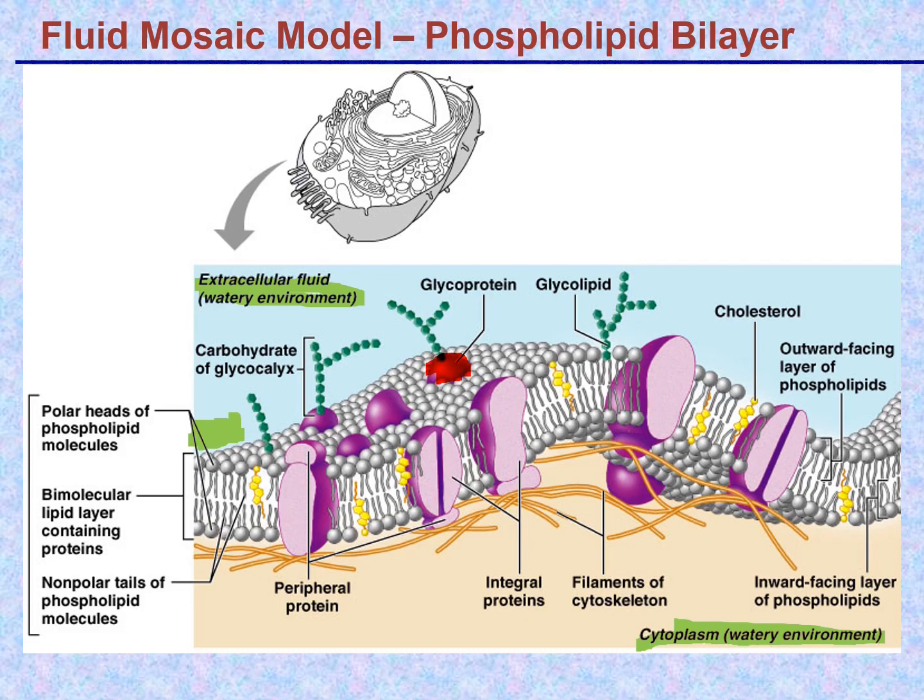And if you have a carbohydrate attached to a protein, then it's called a glycoprotein. In this case here, beside it to the right, you have a glycolipid, because you have a carbohydrate molecule here attached to lipid here, these fatty acid chains, they're lipid.